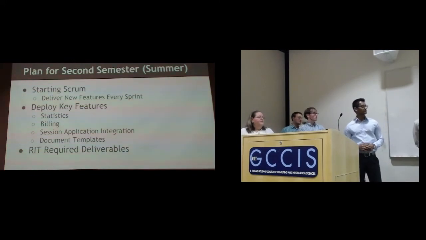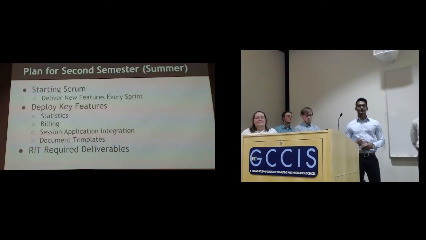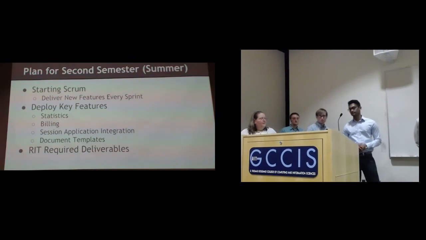We will also be integrating those features with the actual live system with Trillium Help, and giving them training on how to use the application. We will also be doing the final requirements for our RIT senior project, including making a senior poster, giving a final presentation and demo. That's all we will be doing for the next semester.